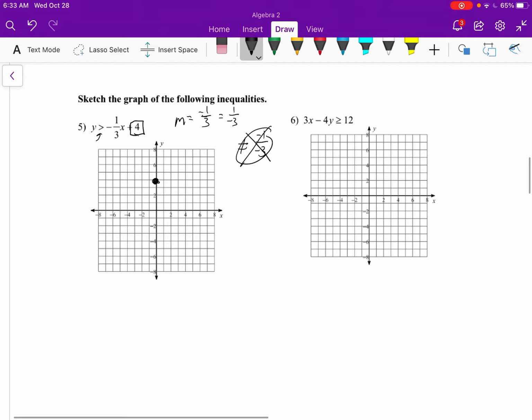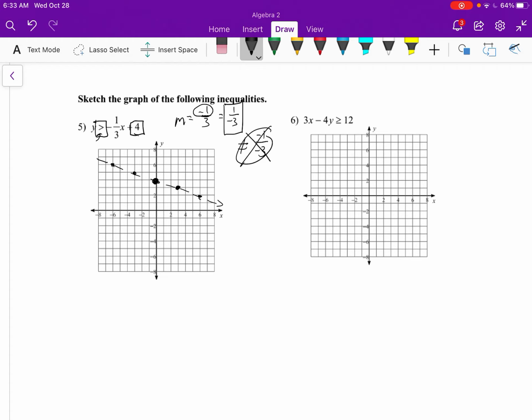So using this idea, we can go down 1 and right 3. Could do that a couple times. Or using this idea, we could go up 1 and left 3. And when we graph this, we have to remember a couple things. It does not have the or equal to, so we want to put a dashed line here. This means that our answers do not include this line.